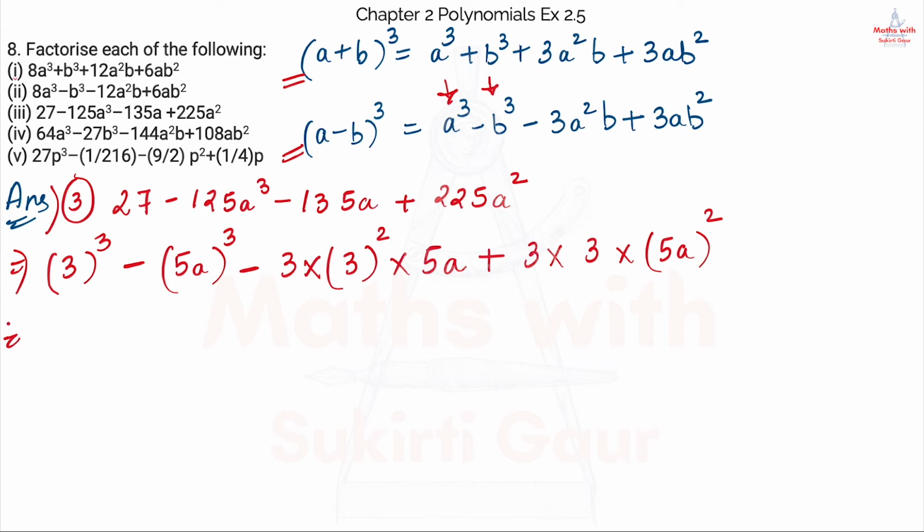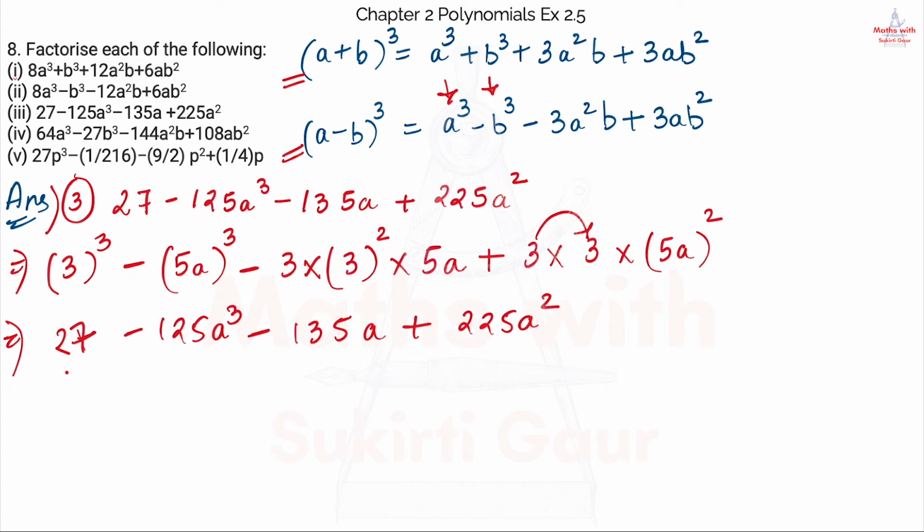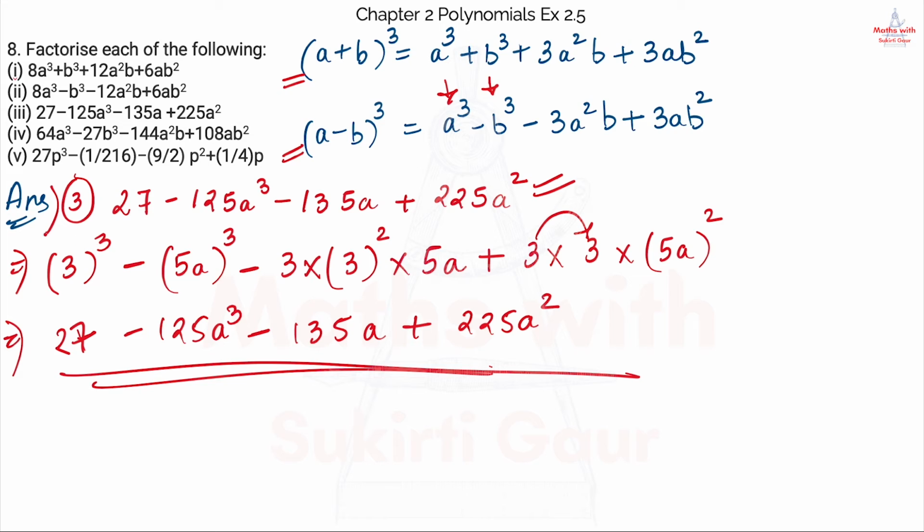If I solve this, am I getting 27? Yes. Minus 125a cube? Yes. Minus 135a: 3 into 9 is 27, and 27 into 5 is 135a. Plus 3 into 9 is 27... plus 3 into 25 gives us 225a square. So yes, we are getting this line as it is if I write all these terms like this.